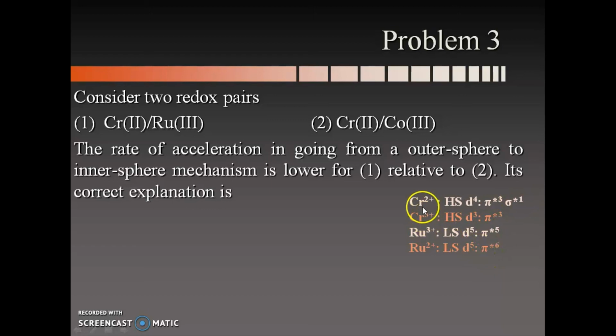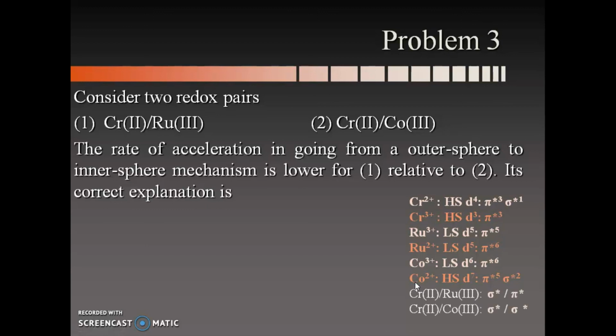In the case of cobalt, the electron that is lost from the sigma star orbital of the chromium is gained in the sigma star orbital of the cobalt. So net result is, in the first case it is a sigma star to pi star electron transfer, whereas in the second case it is a sigma star to sigma star electron transfer.